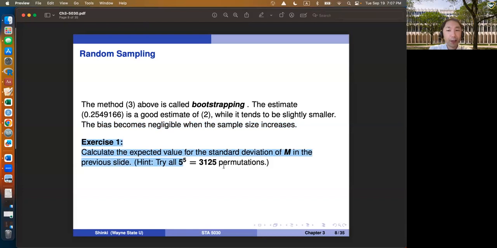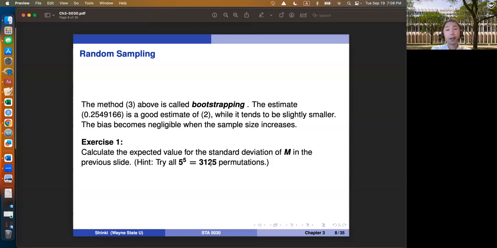Exercise 1, we will try it later, is to calculate the expected value for the standard deviation of M in the previous slide. In the previous slide, we simulated resampling 100 times, but it's also possible to consider all possible randomizations. We have 5 observations, so we have to choose x1, x2, x3, x4, x5. Each x sub i has 5 possible ways.